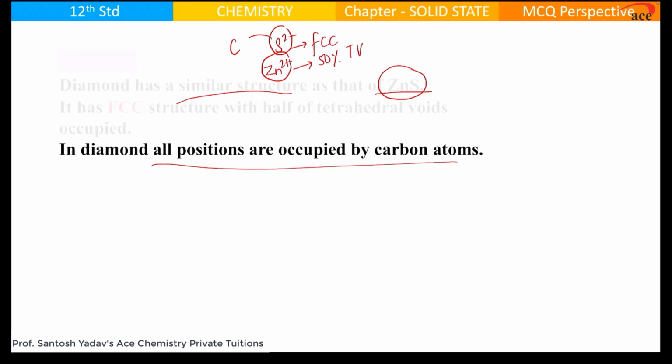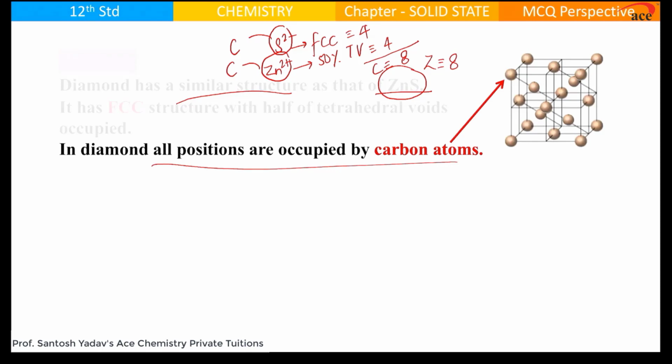That means it is 4 in number. In place of zinc also you have to imagine carbon, in 50% of tetrahedral voids, 4 in number. That means the total number of carbons is 8. That means the rank of diamond is 8. It is made up of 8 carbon atoms in one unit cell.